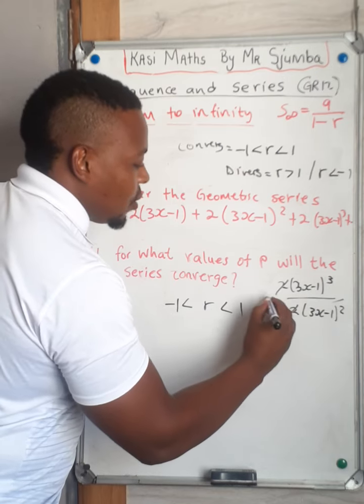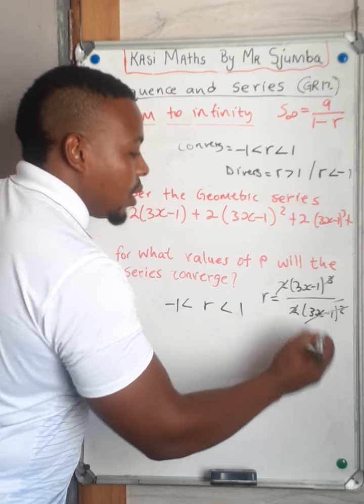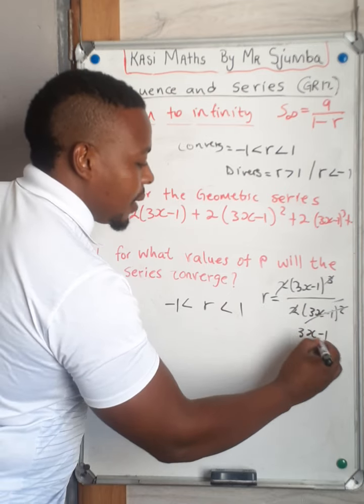This will divide that, and then we remain with 3x minus 1 on top. So this will be our R. Since this is R, replace it here: 3x minus 1 is greater than -1 and less than 1. But you must find the value of R first before you replace it here.